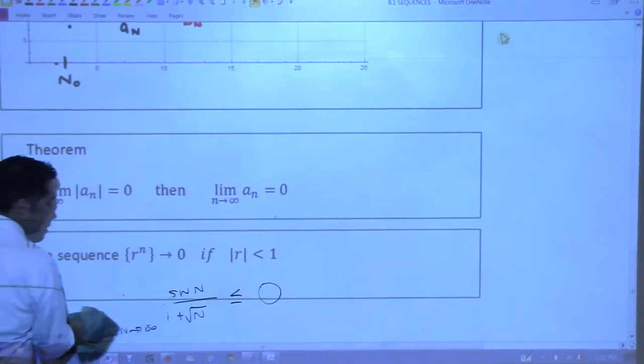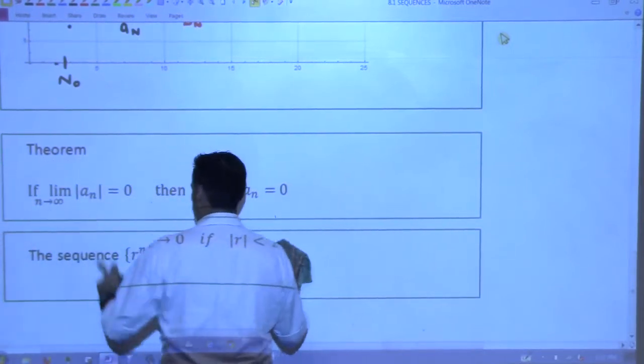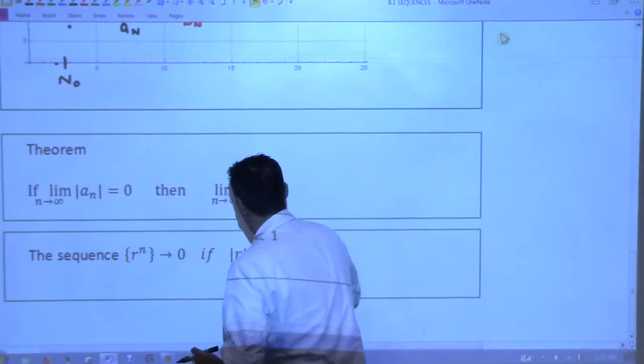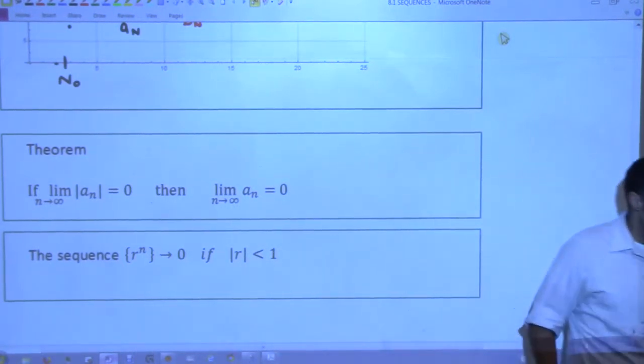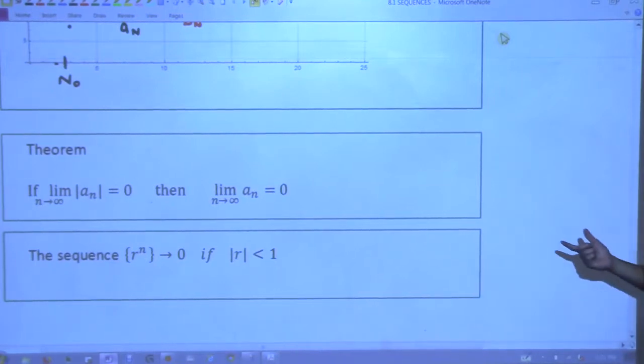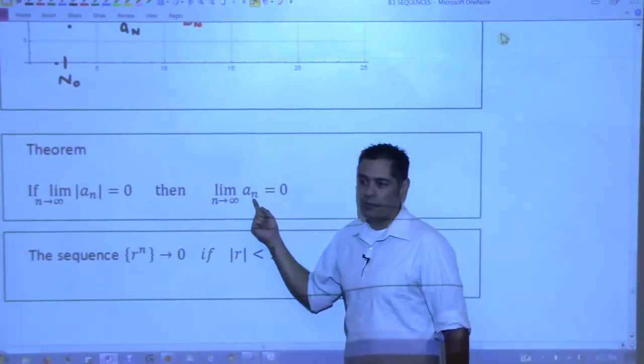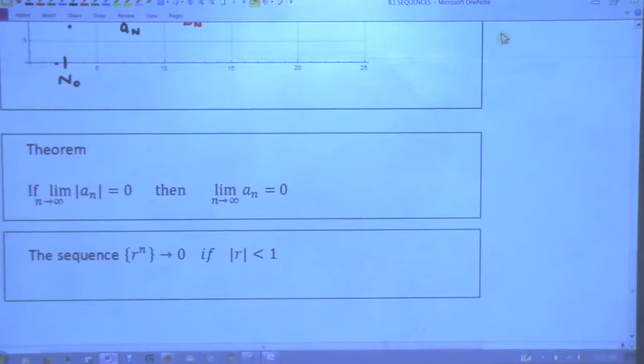This theorem says if the limit as n goes to infinity of the absolute value of a sequence goes to 0, then the limit of the sequence without the absolute value also goes to 0.